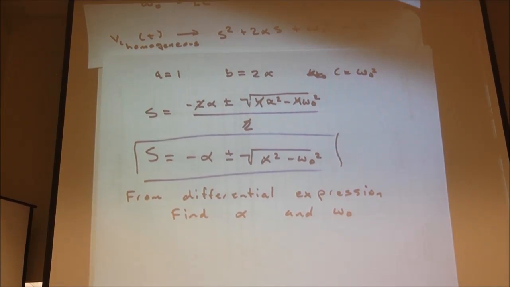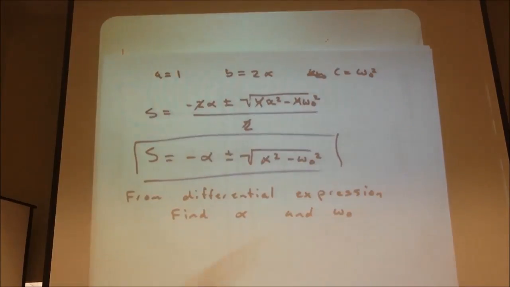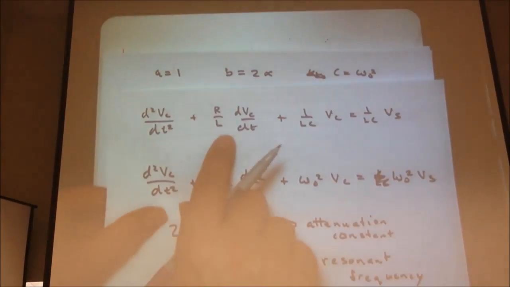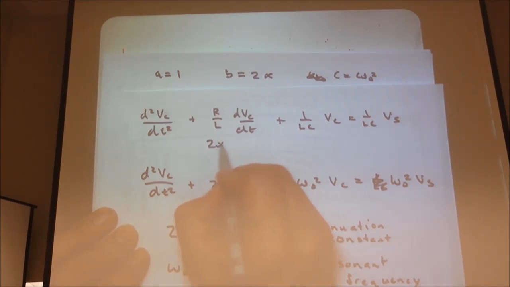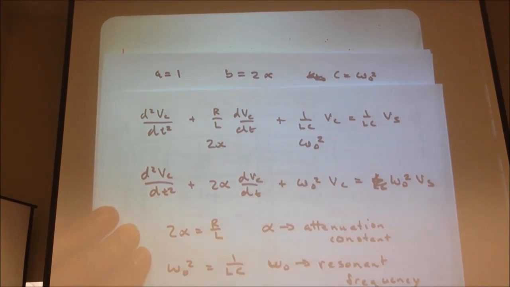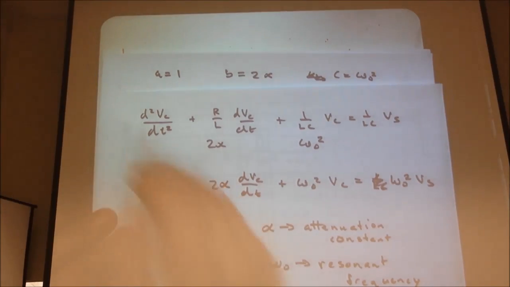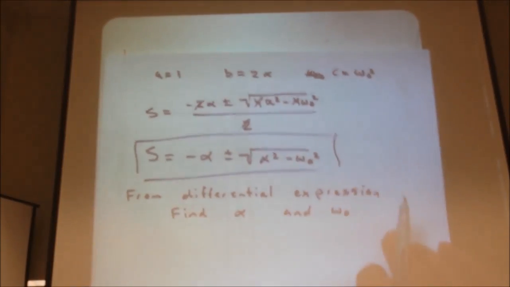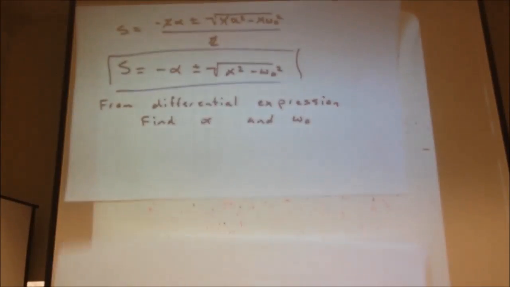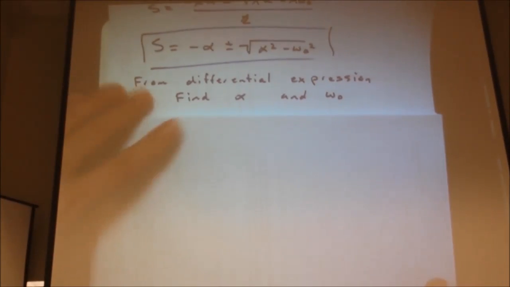And so that's what we did in the RLC series circuit, the RLC parallel circuit, and then that other more complicated R1, R2, L, and C circuit. Once we have the circuit in this form, this is 2 alpha, this is omega naught squared. That was our RLC series. Once we get this form, everything becomes a solved problem.